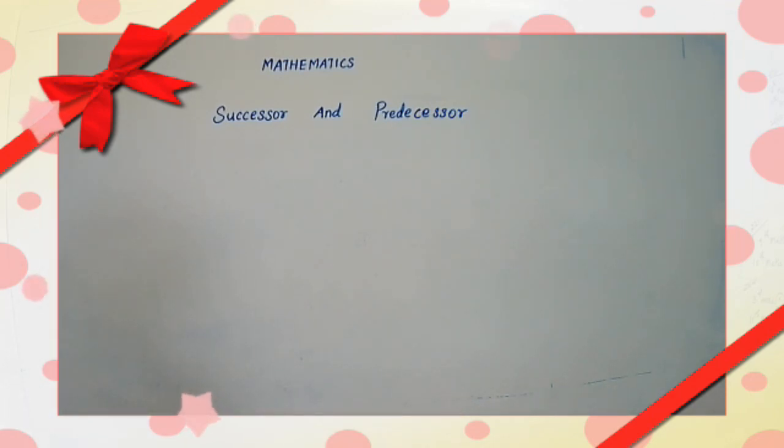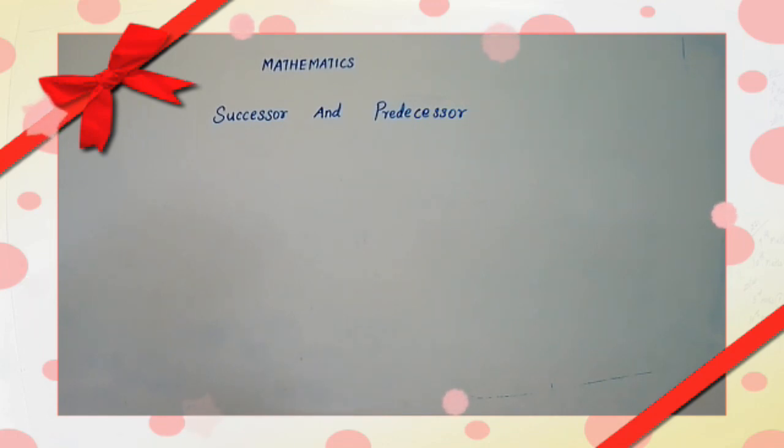Successor means we can add 1 to the given number. Predecessor means we can subtract 1 from the given number.